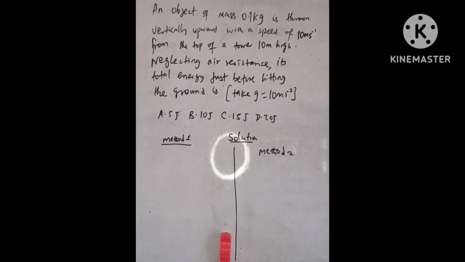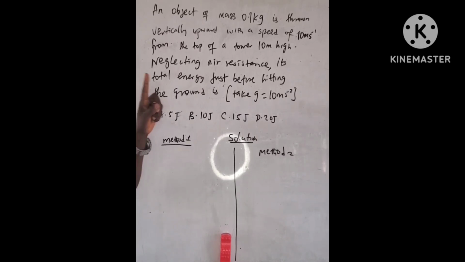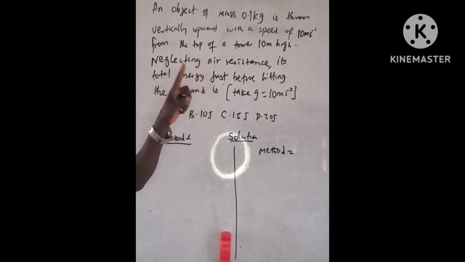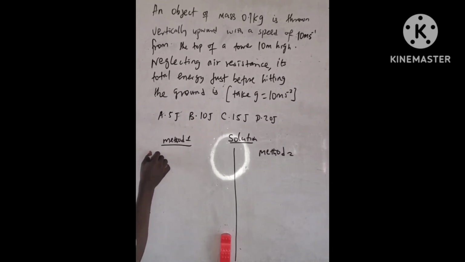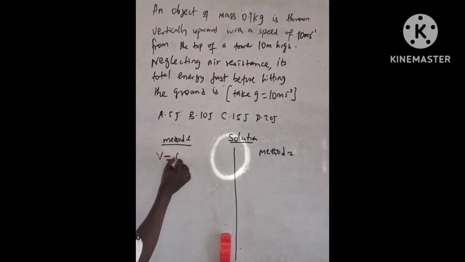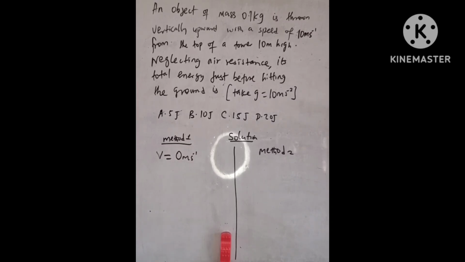Because of that, we are going to get the height attained by the object before it starts falling. So we use the fact that at maximum height, its velocity is 0 meter per second. That is its final velocity, v.